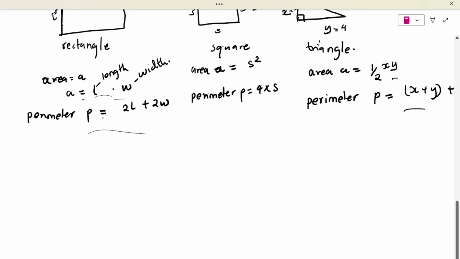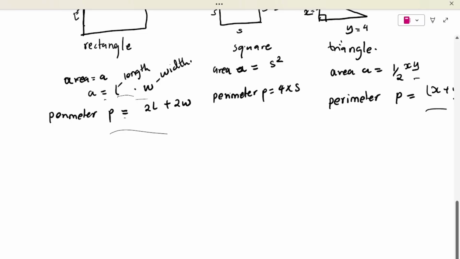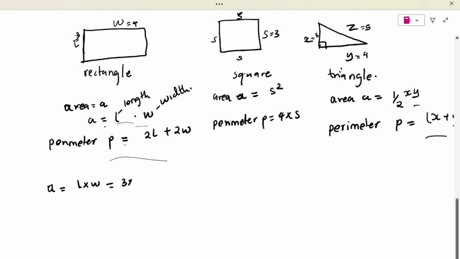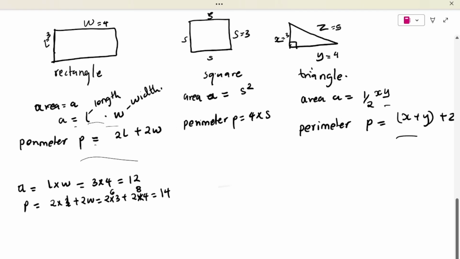So let's solve the area of a rectangle. A is equal to L times W, so this is 3 times 4, which is 12. And P for the rectangle is 2 times L plus 2 times W, which is 2 times 3 plus 2 times 4, which is 6 plus 8, which is 14.